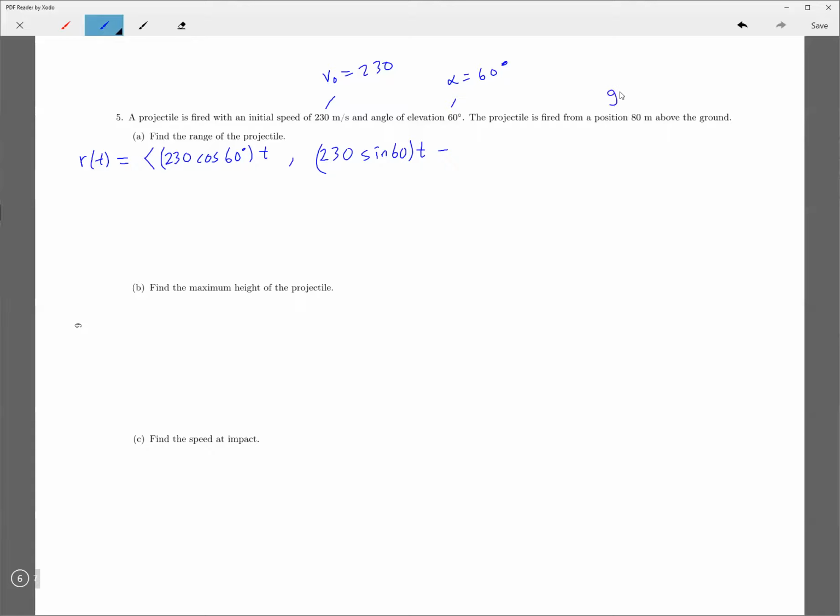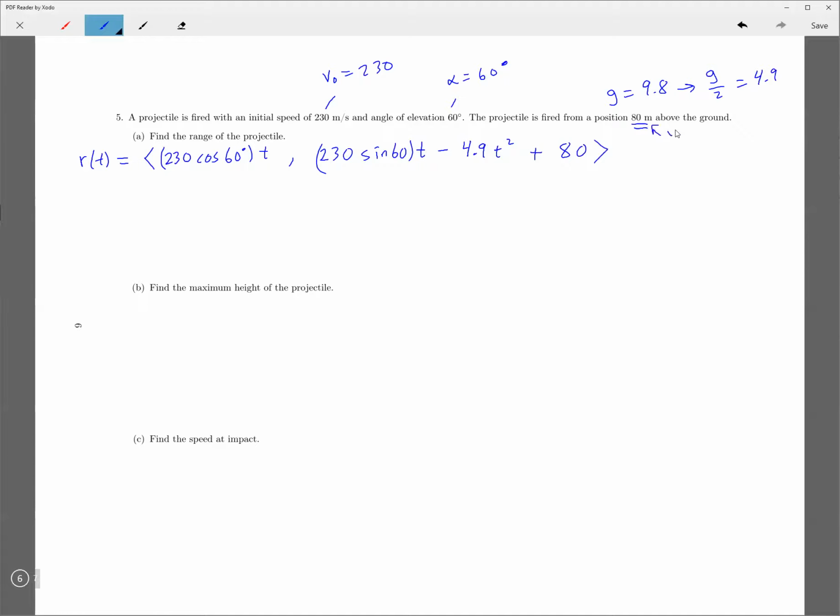Now, gravity is 9.8, so gravity divided by 2 is 4.9. So it's minus 4.9 t squared. And then it's 80 meters above the ground, so that's plus 80.